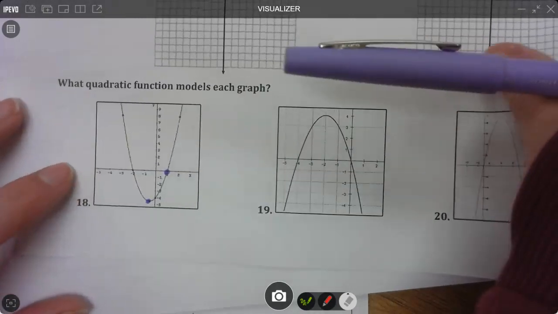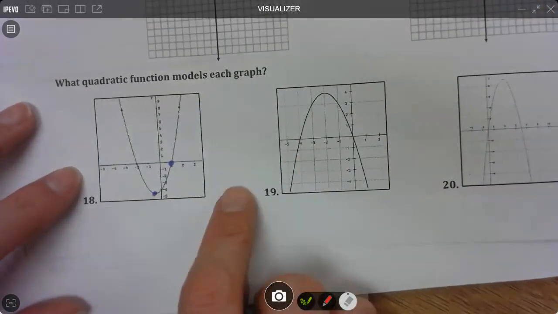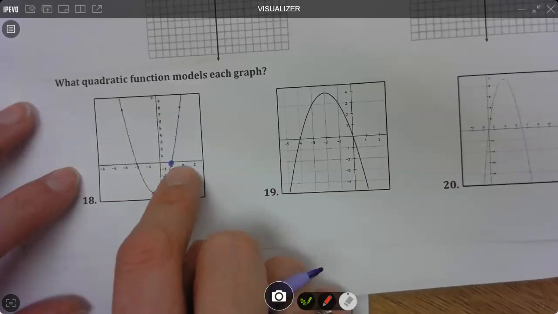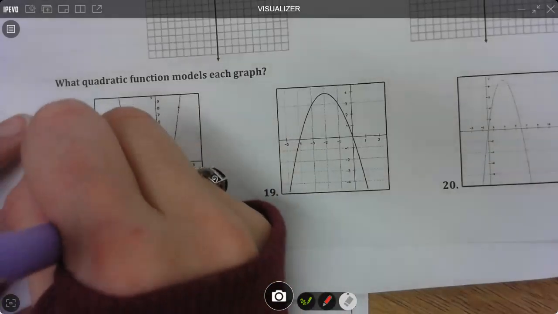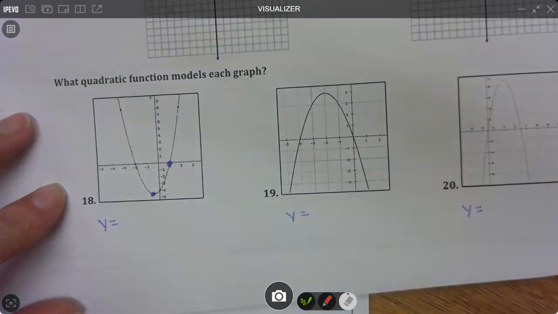It says what quadratic function models each graph. So you need to be able to get the equation using a point and the vertex to find your a, and then get your y equals equation. Okay? So you're doing the front and back of those 2 pages after our review page.